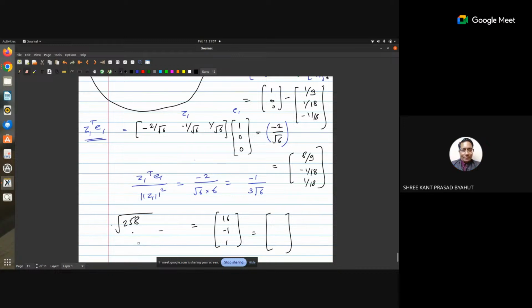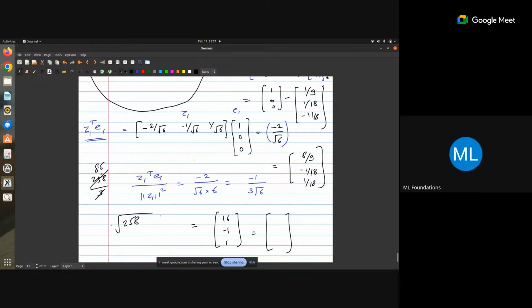Yes, 258 by 3 comes to 86. Then again, it is not of any use for us, because we want 9. We'll need a square. So can we get any sum? We get 4, so it's 2 root 64.5.